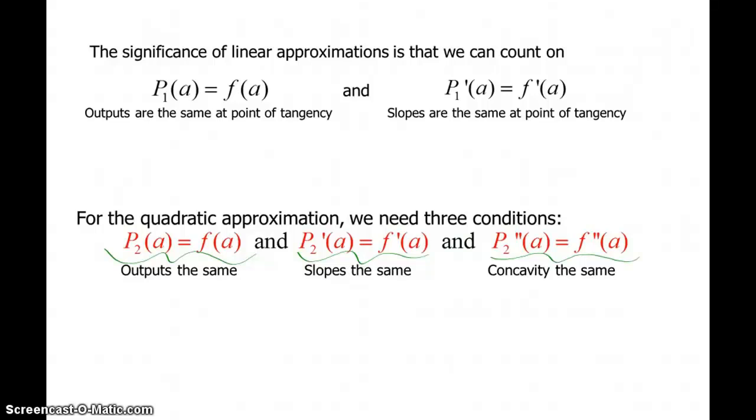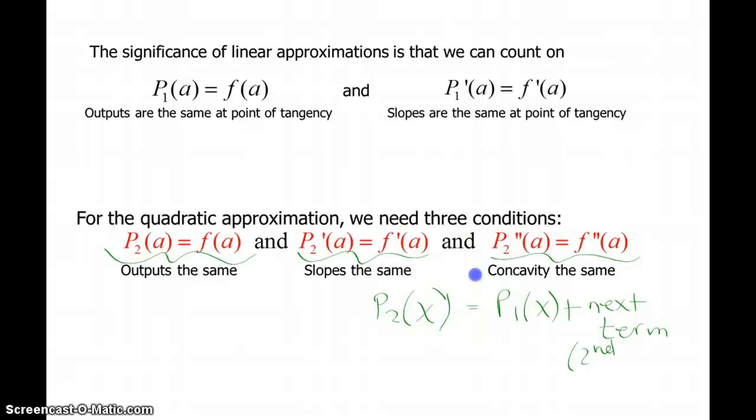When we build P sub 2, we'll see, just like we did a while ago, P sub 2 of x equals P sub 1 of x plus the next term, the 2nd degree term.